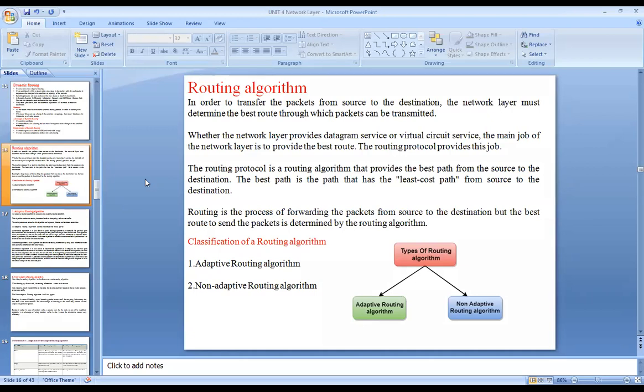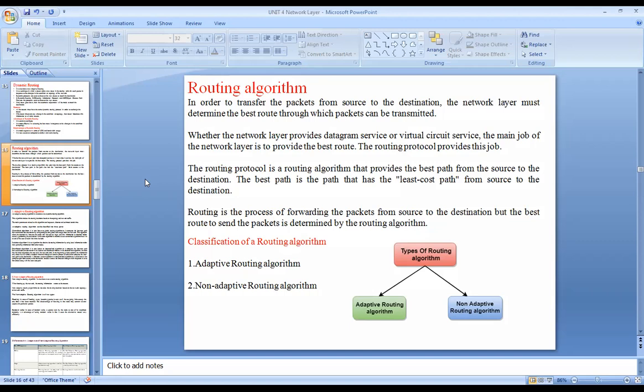The routing algorithm has to decide at the network layer whether it is a datagram service or a virtual circuit service. Virtual circuit service is connection oriented. Datagram service is connectionless.